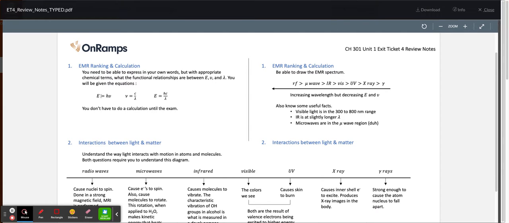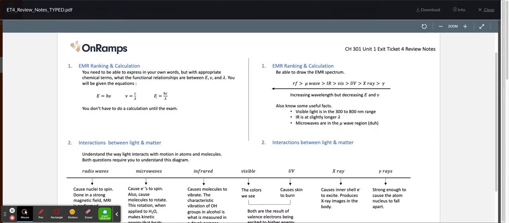We see that the energy is equal to things like frequency, and then there's this other equation that has the speed of light and the wavelength. Whenever we plug that in for V here, we get this compound equation. You can see the energy has direct relationships with H and C, and an indirect relationship with this gamma, which is the wavelength.